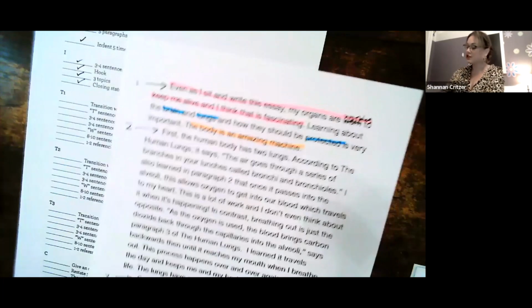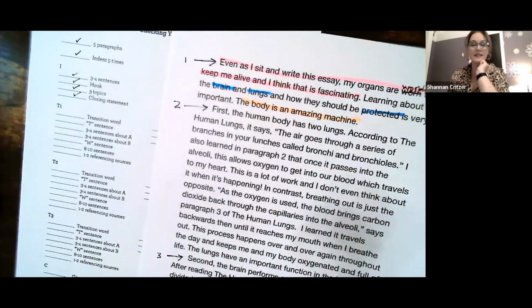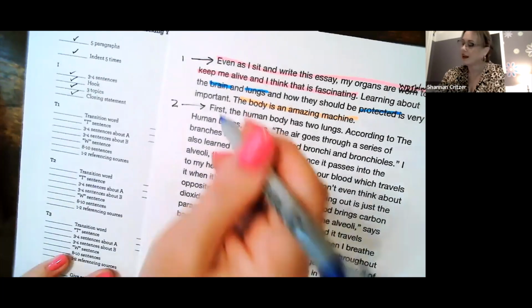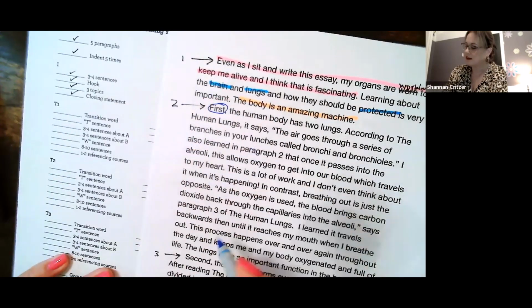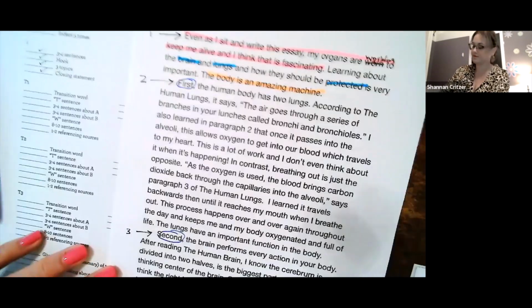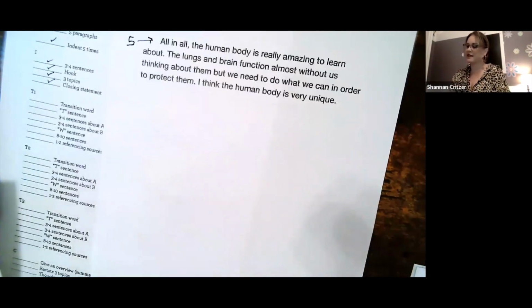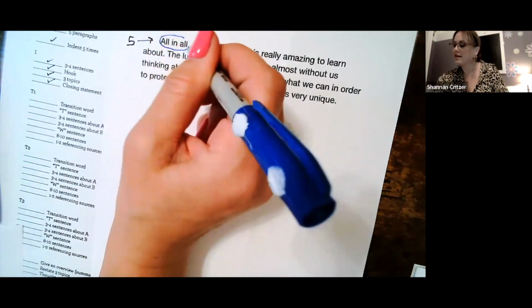All right, now I'm going to show you a little bit different because this is kind of an easy part. Check that I have transition words in every single part. So I'm going to circle those with blue. I have first, I have second, I saw third, and then our last paragraph has all in all.